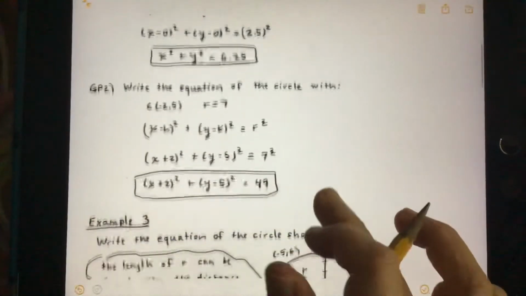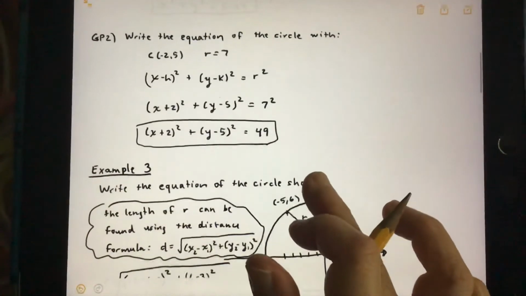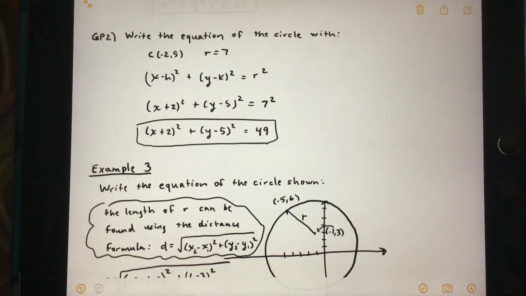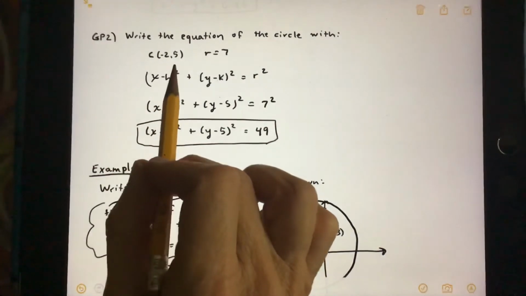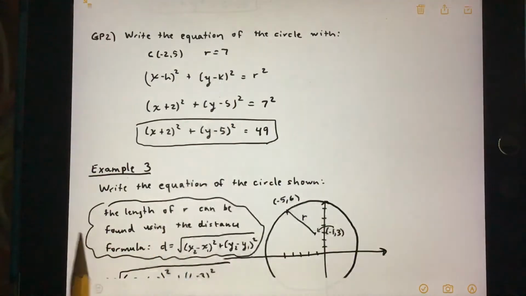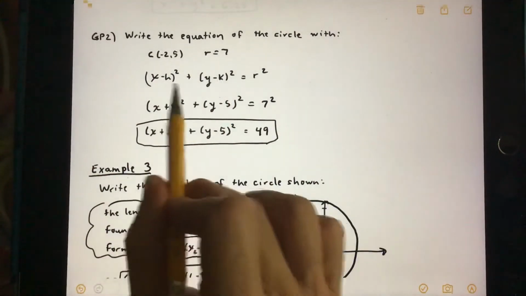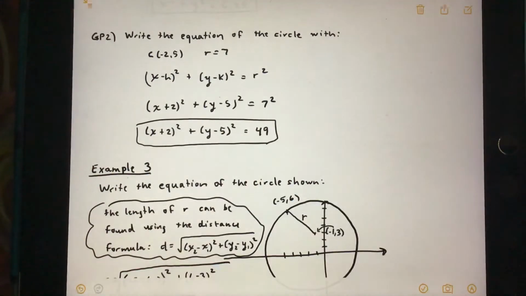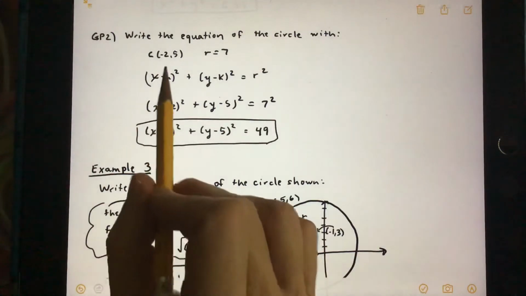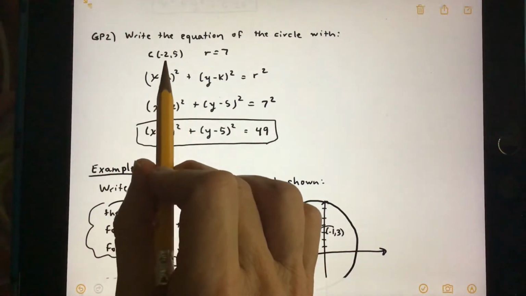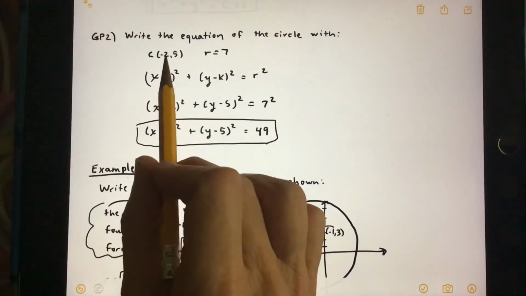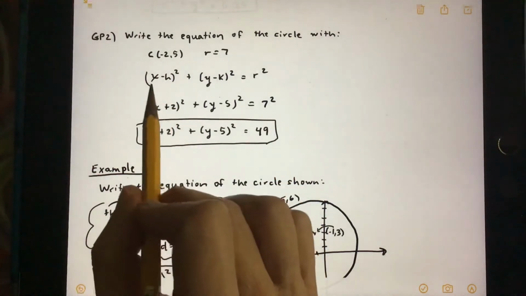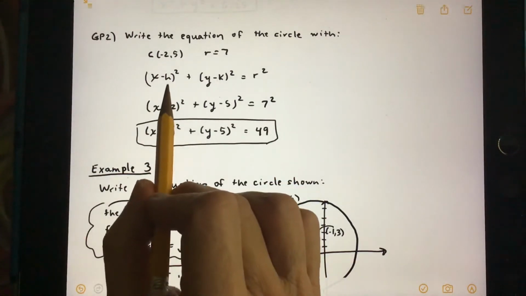Guided practice 2 will be similar, but this time the center of our circle will not be at the origin. Instead, it will be at the point (−2, 5). Our radius is 7. So we're going to go ahead and put numbers in for h, k, and r to write our equation. So remember, the h and k come from the center of the circle, so you're going to write down the opposite of the number you see here because it's x minus −2 in this case.